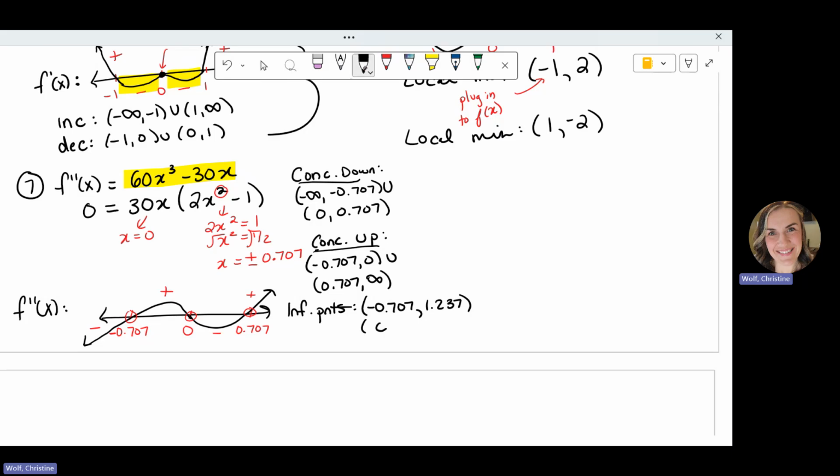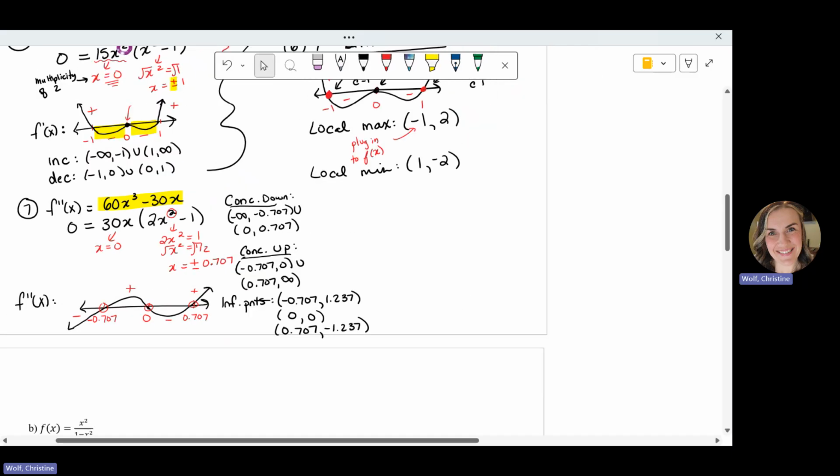I repeat the process with 0, my next point there. When I plug 0 in, I'm going to get a result of 0. And finally, when I plug in my last value, 0.707, into my original graph, I get negative 1.237. So you have 3 inflection points, 3 times that you're going to be switching from concave down to concave up.